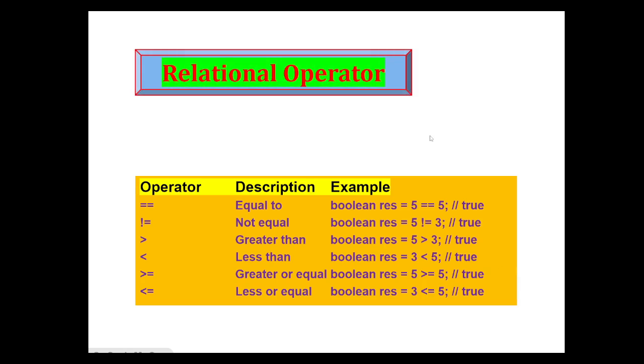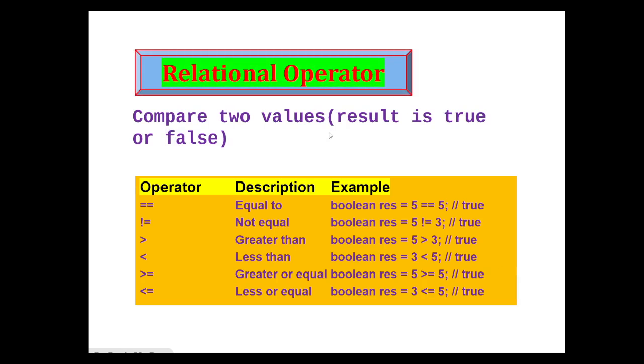Next is the relational operator, which will compare two values, and the result can be true or false. These are the different relational operators we can make use of, with some examples for each one: equal to, not equal to, greater than, less than, greater than or equal to, and less than or equal to. We can use all these operators based on our condition.